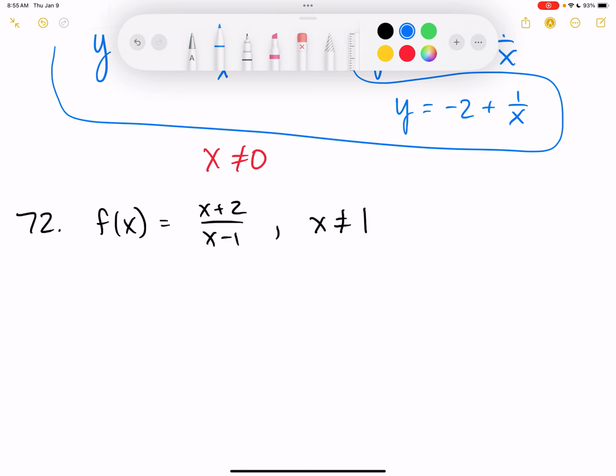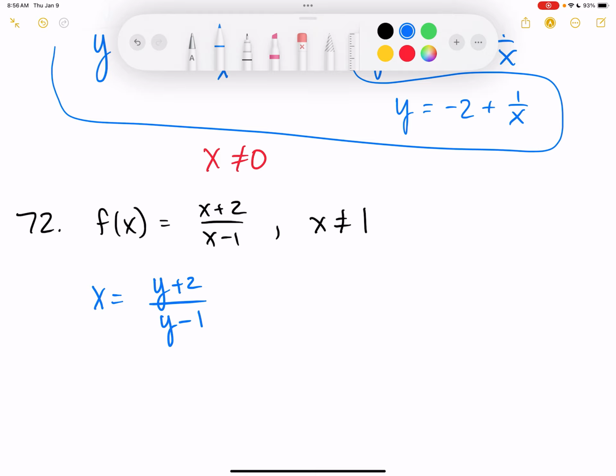So this is going to end up being x equals y plus 2 over y minus 1. Again, they've put the little caveat over there, x can't be 1 in the initial function. When we get to the end of our inverse function, it may or may not be 1. Could still be 1, doesn't have to be, just depends.